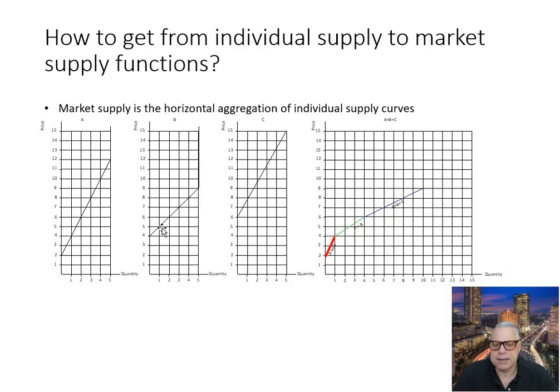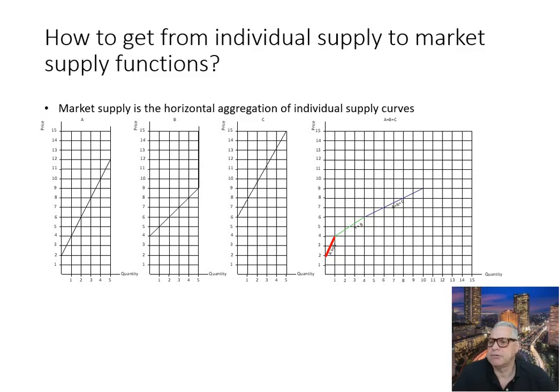Okay. But then at a price greater than 4, between 4 and 6, we have both A and B supplying. So now what we need to do is look at the next point.